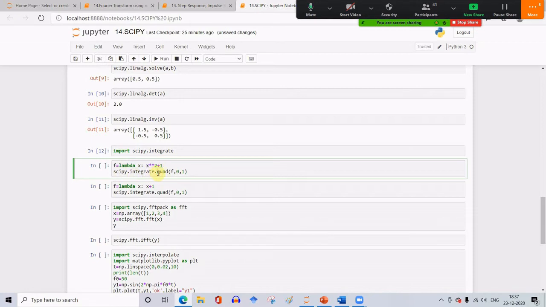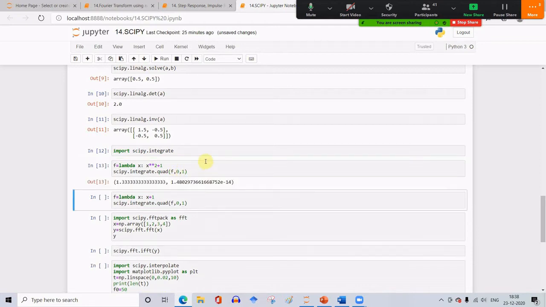See, the integration we can do with many methods. One is the quadrature, quad integration. So that is an approximation method for integrating any expression. So quad, then the function you want to integrate and the limits between which you want to integrate. Lower limit first and the upper limit next.